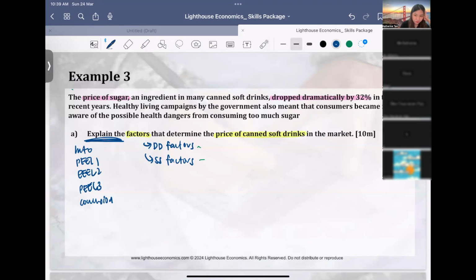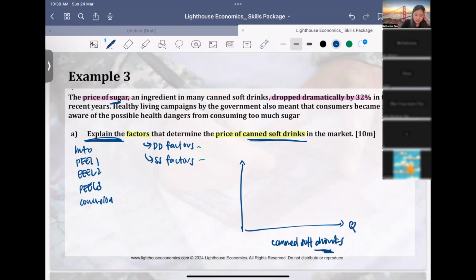Demand? Remember we are looking at the price of canned soft drinks, right? So sugar, how is sugar related to canned soft drinks? It's a factor input, right?